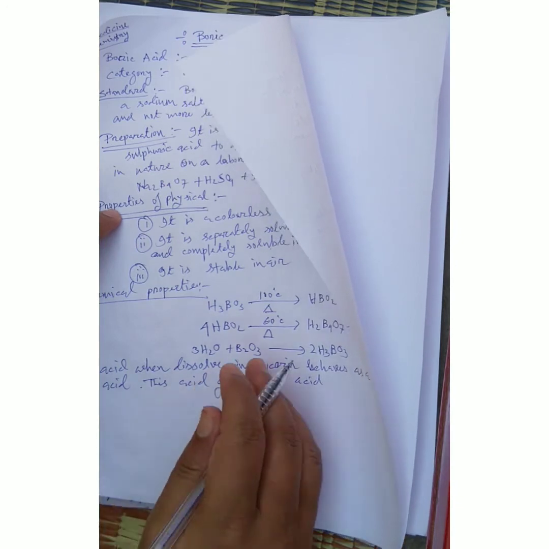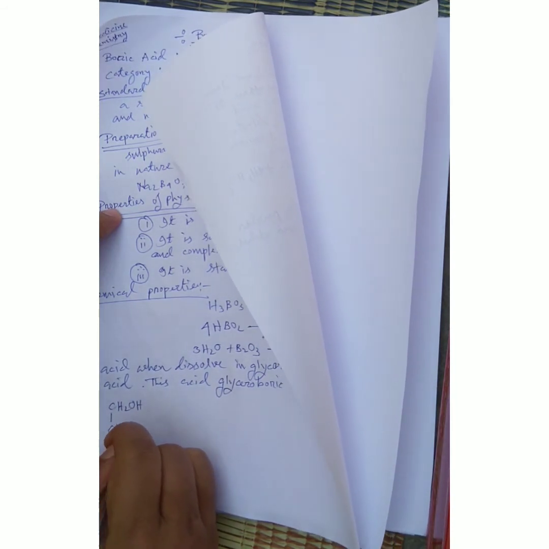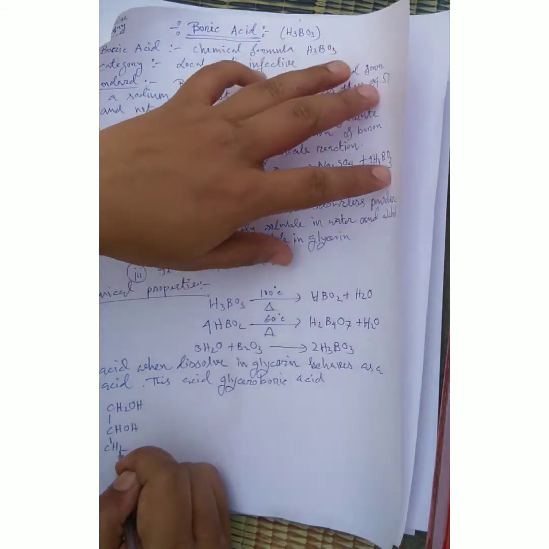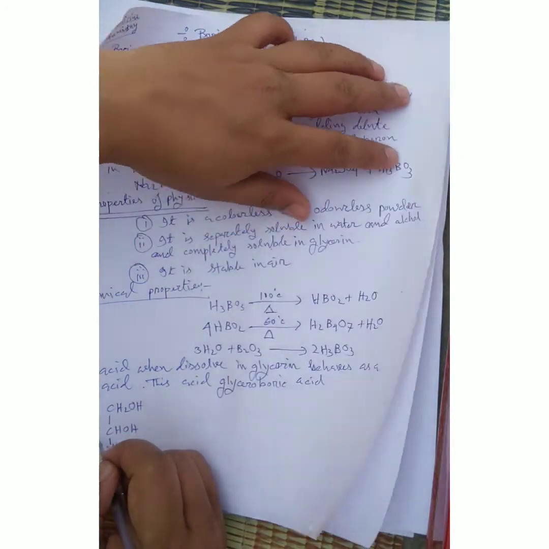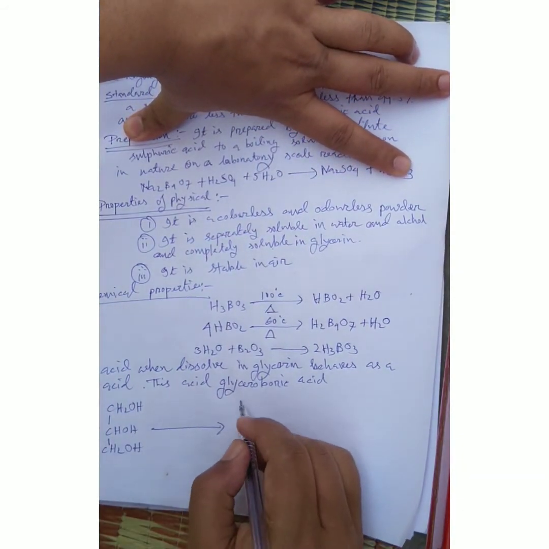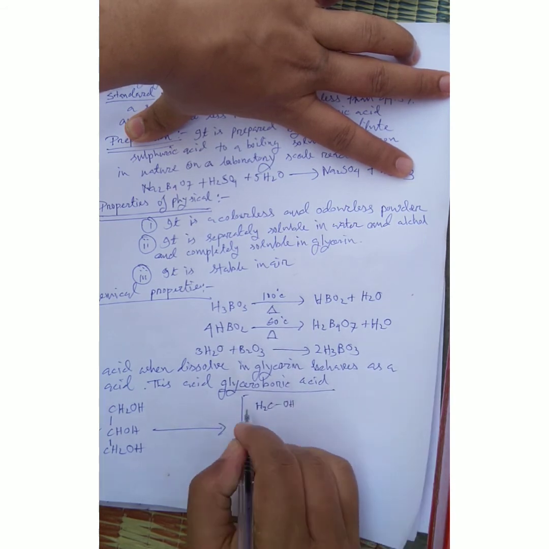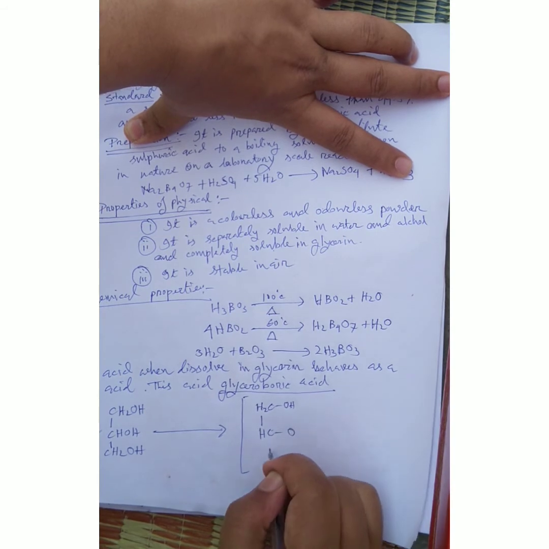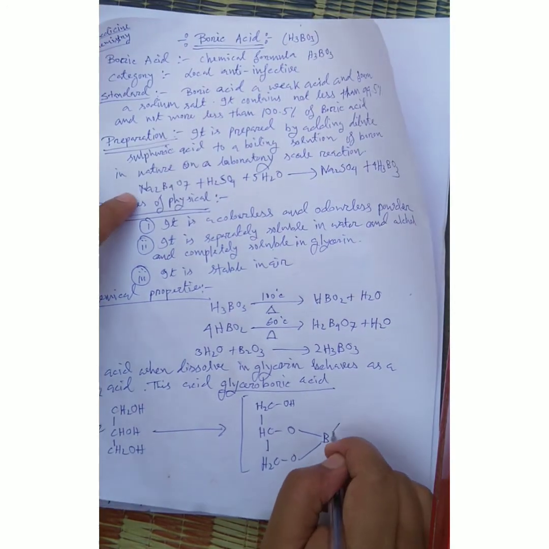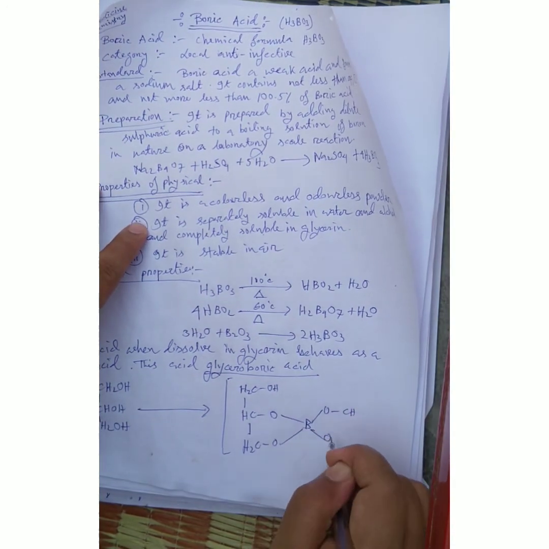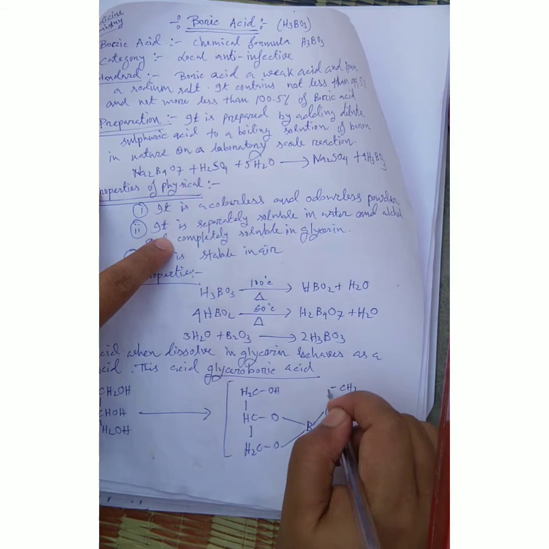Boric acid plus glycerin, 2 CH2OH-CHOH-CH2OH, gives glyceroboric acid, with the structure H2COH, HCO, H2CO, B, OCH, OCH2 and CH2OH.